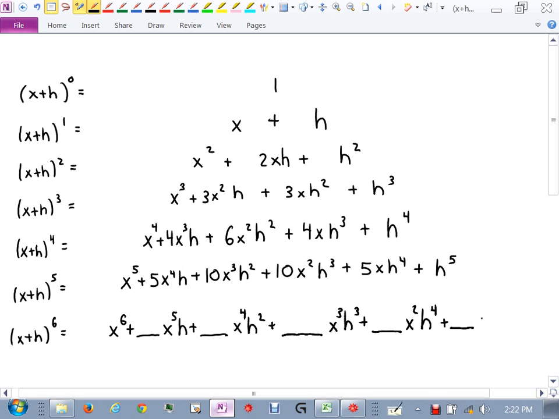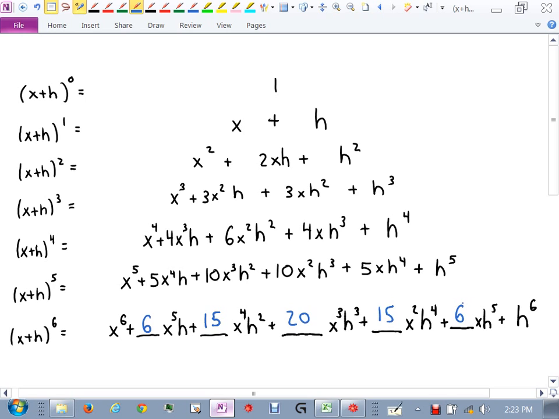Plus something x h to the 5th plus just h to the 6th. The numbers that go in here are 6, 15, 20, 15, 6. Again, I'm going to explain where they come from. You'll see it real easy here in a second. But does everyone understand the property of the powers and what's happening with those?